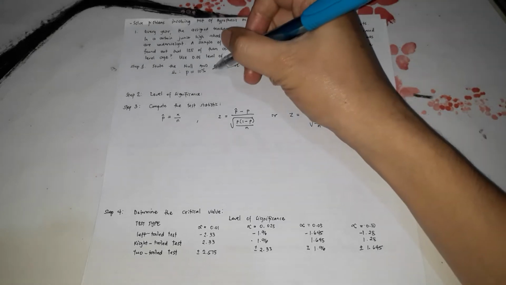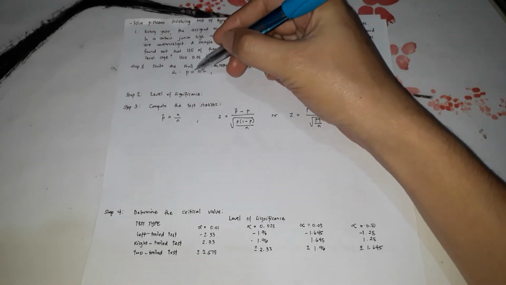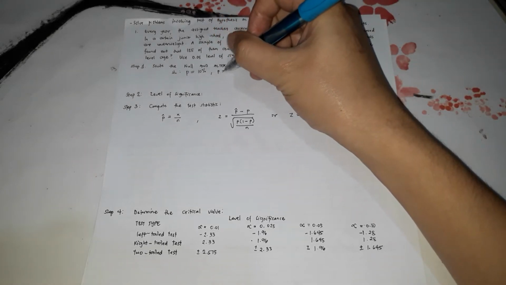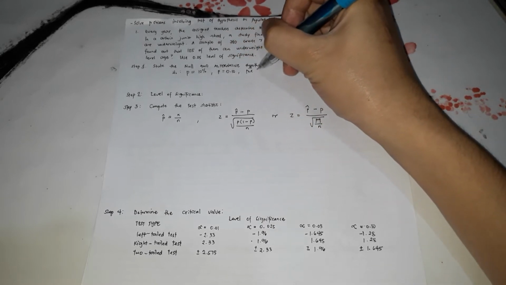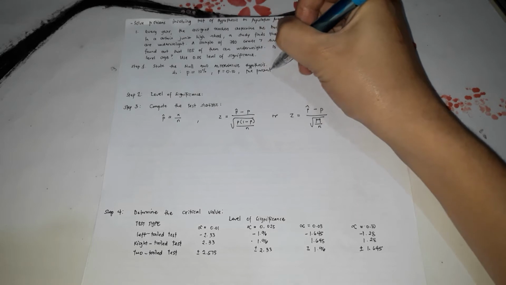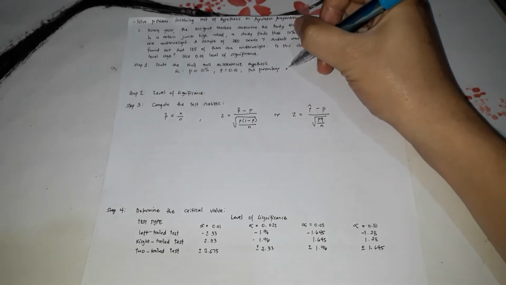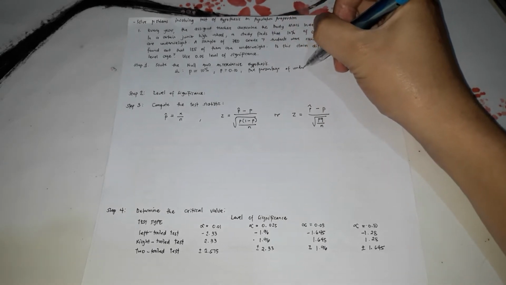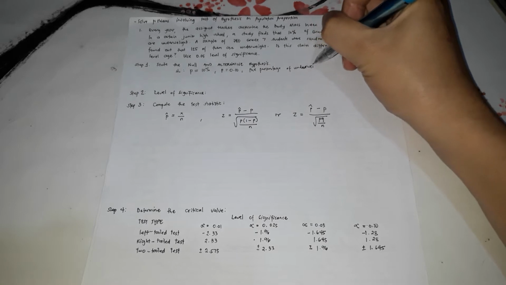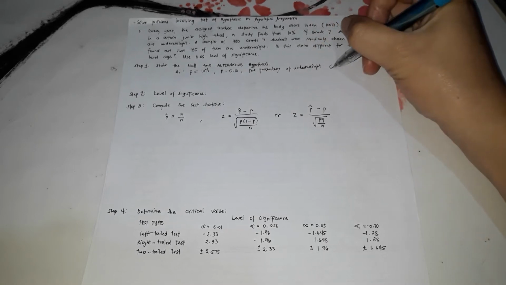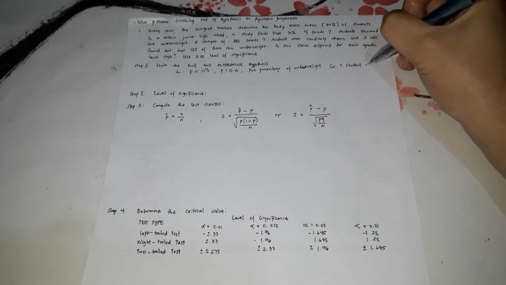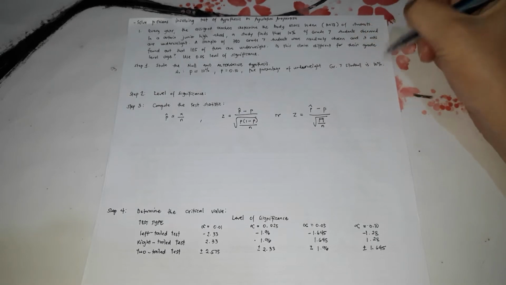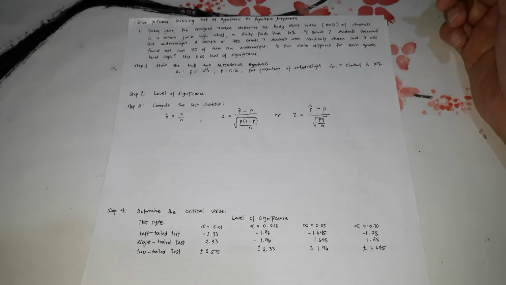So P is equal to 0.10, which means that the percentage of underweight grade 7 students is 10%.